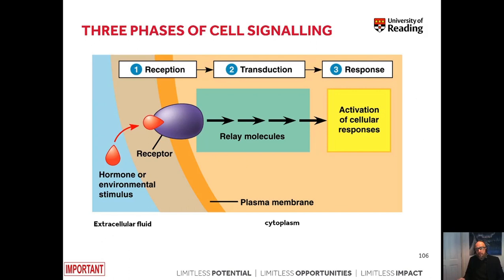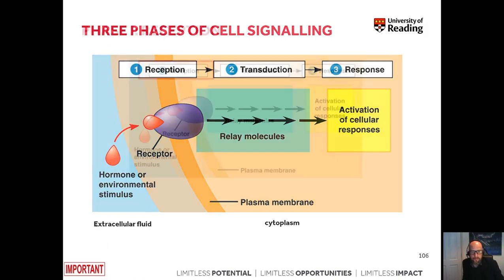In simple terms, there are three important steps that you need to remember. The first one is reception of the signal. The second step is the transduction of the signal conducted by relay molecules and second messengers. And the final step is biological response.